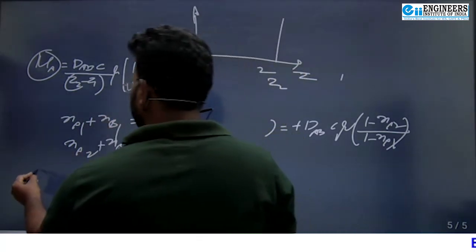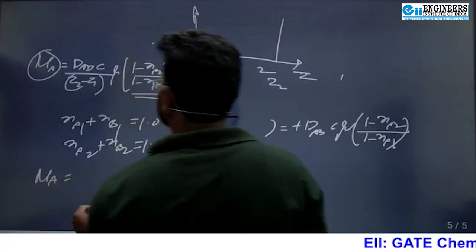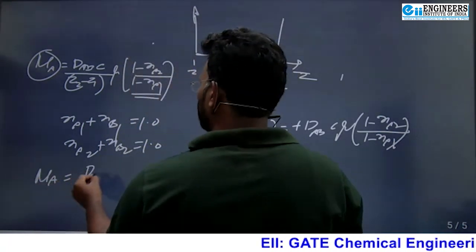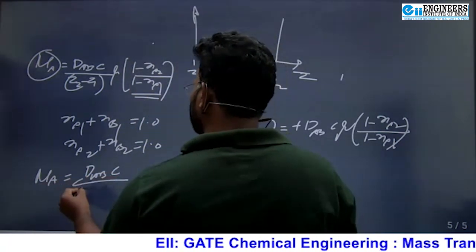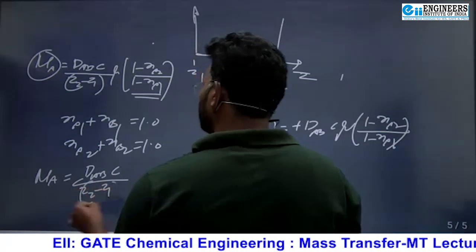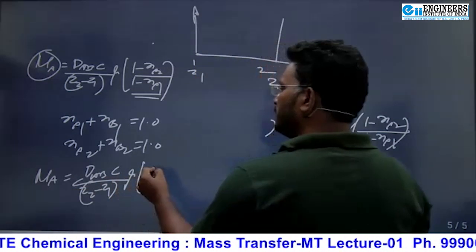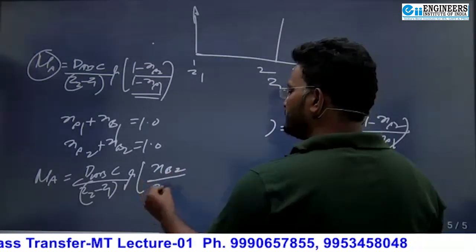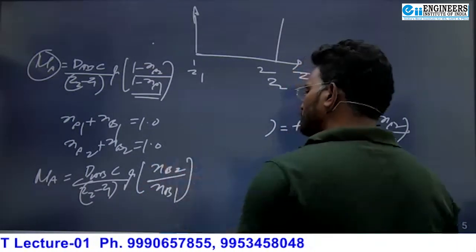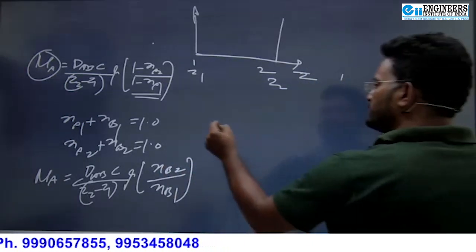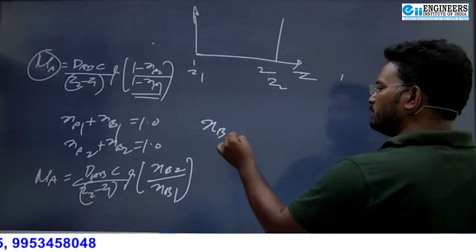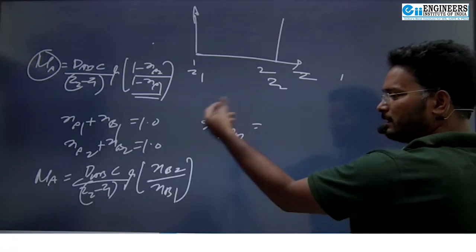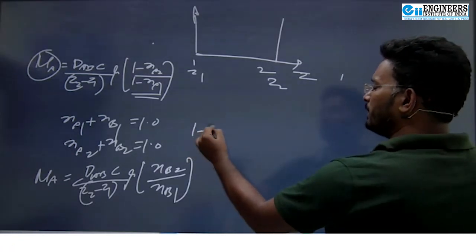So I can write here Na equal to DAB into C upon Z2 minus Z1 into ln xb2 upon xb1. And I can also write, since xblm is 1 minus xalm, whatever you can say, 1 minus xalm.